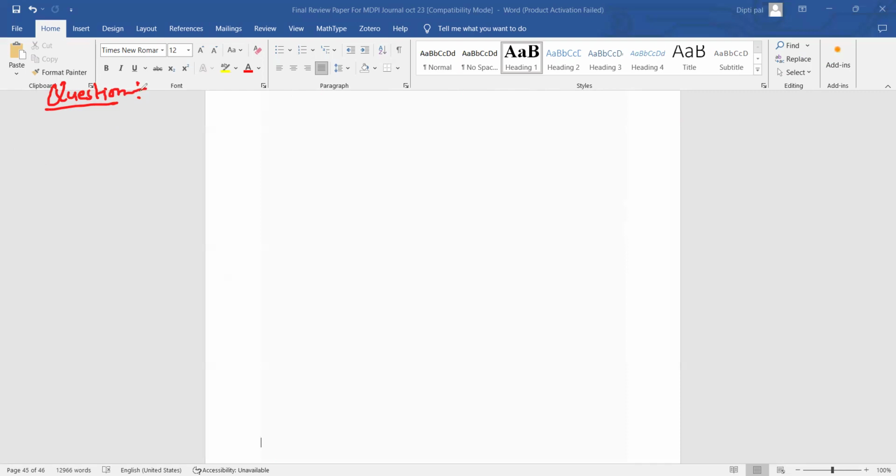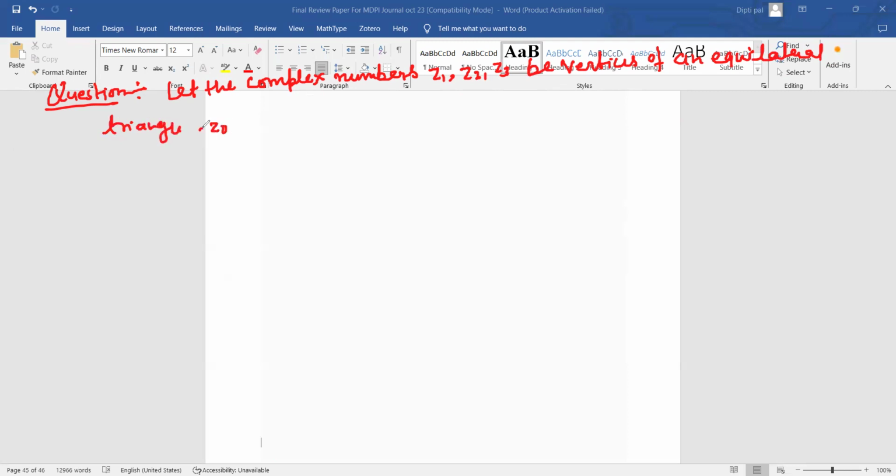Take the complex numbers Z1, Z2, Z3 as vertices of an equilateral triangle, Z0 being the circumcenter of the triangle.